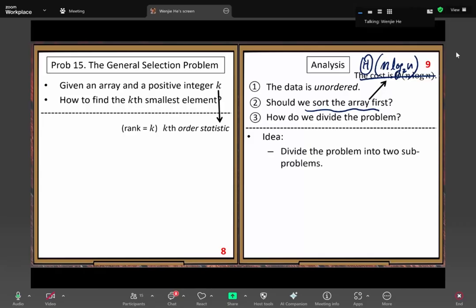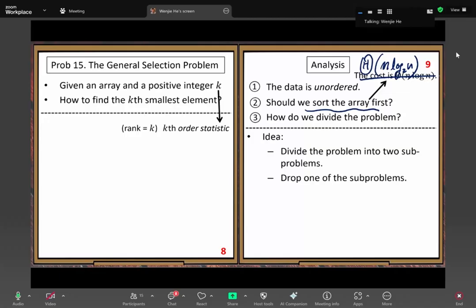Divide into two subarrays. When we divide the given array into two subarrays, remember we apply the elimination method here. And after a certain number of comparisons, we need to drop one of the two subarrays. Similar to the binary search, but it is more complicated than the binary search.